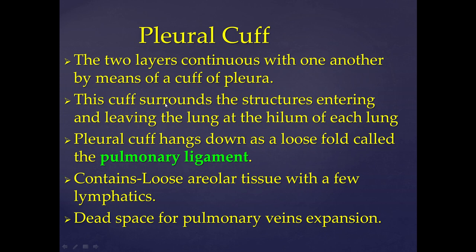We have used the term pleural cuff. What do you mean by that? These two layers are continuous with one another by means of a cuff of pleura. And this cuff surrounds the structures which enter or leave the lung at the hilum of each lung. The pleural cuff hangs down as a loose fold, and this loose fold is known as the pulmonary ligament.